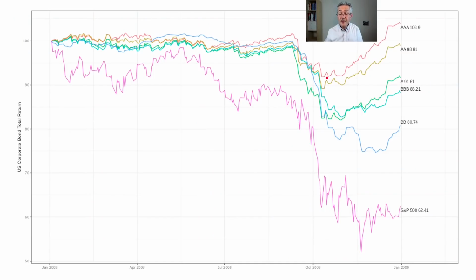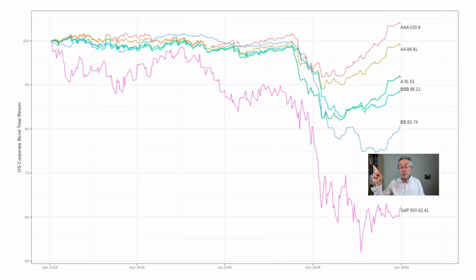And if we compare the sell-off in corporate bonds in the US, which were obviously affected by the credit crisis, with the sell-off in the S&P 500, you can see that the two happened at roughly the same time. So the highest credit quality bonds, which are AAA, didn't fall by much relative to their peak before the credit crisis really kicked off.